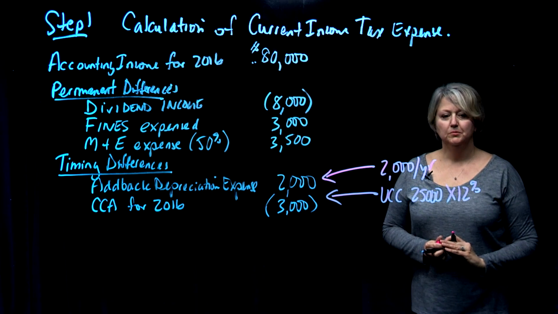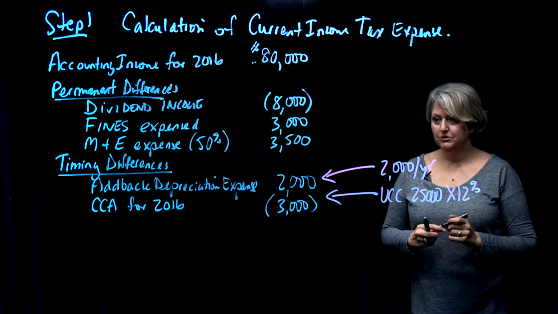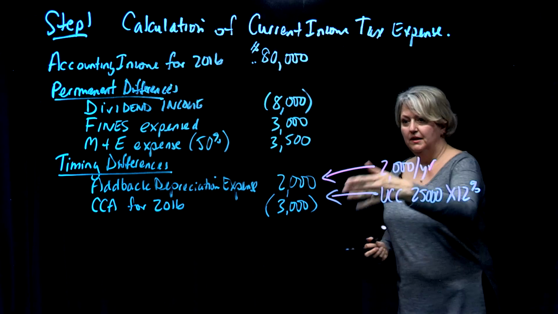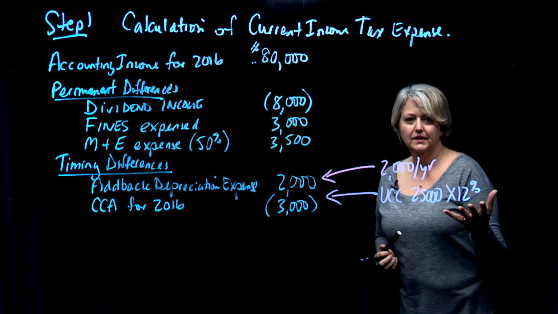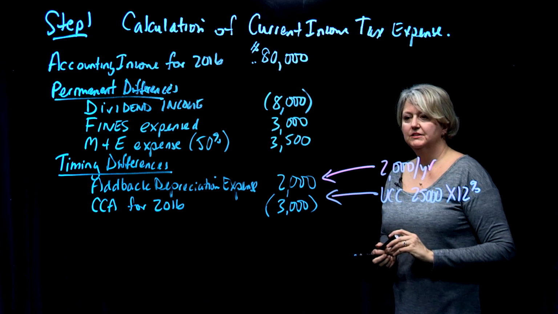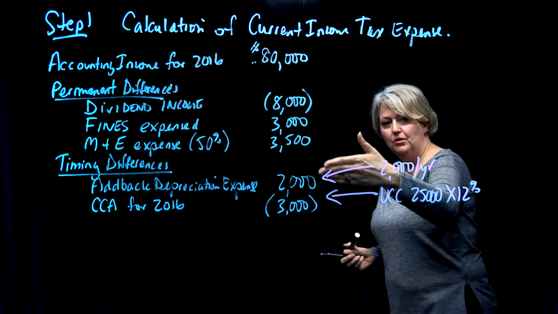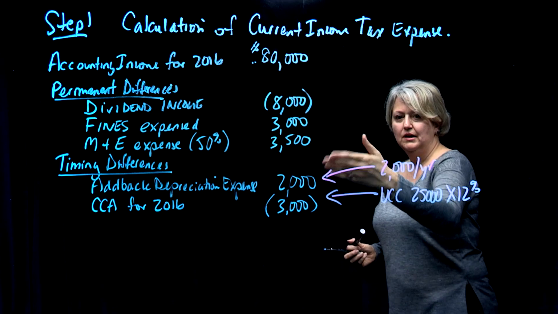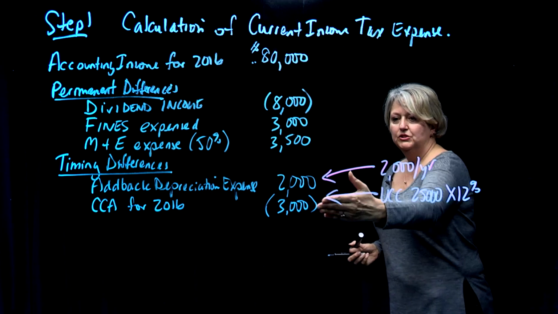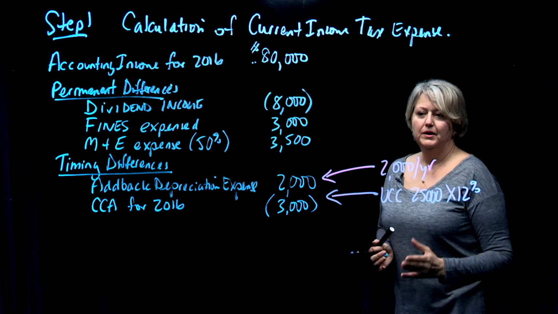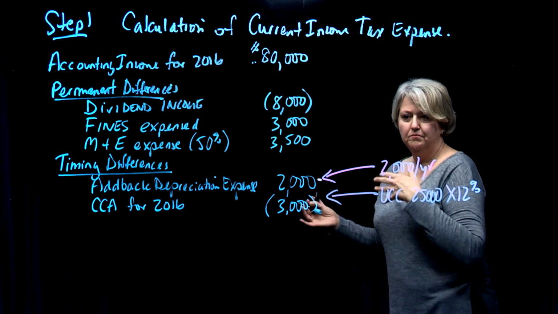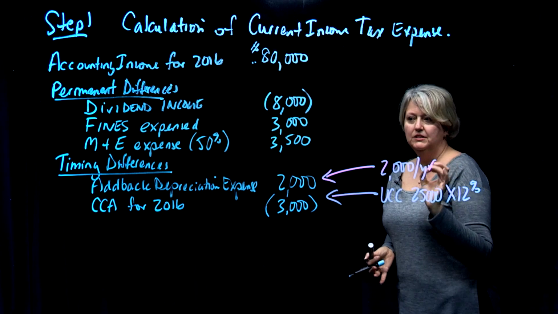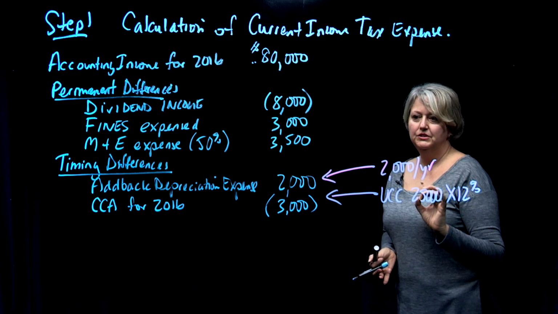So those two things will not be the same this year, but eventually that whole asset that was purchased, the whole property, plant, and equipment asset, eventually for accounting it will all have been expensed down to a net book value of 0, and eventually for tax, in theory anyways, it will all get deducted as CCA over many years to the point where it gets down to a class value of 0.